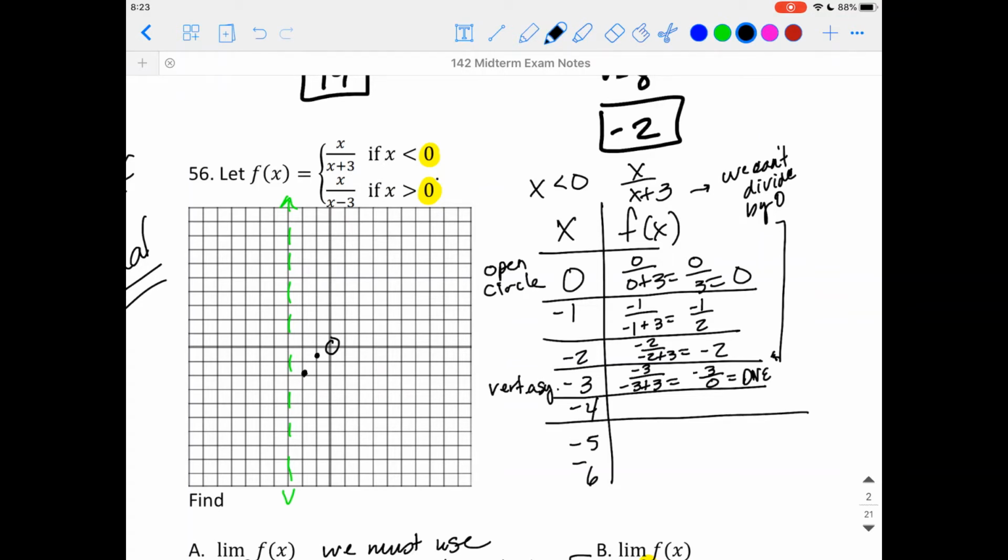At negative 4, it's going to be negative 4 over negative 4 plus 3, so negative 4 over negative 1, which is just 4.